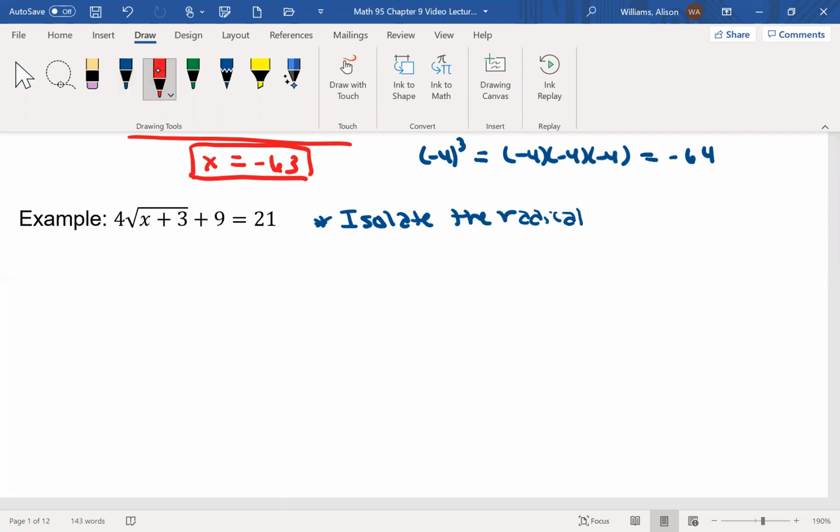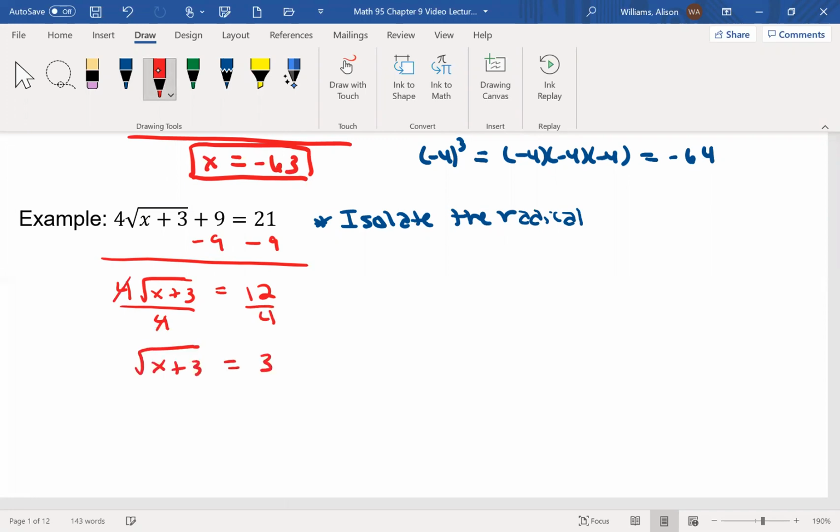So I'm going to minus 9 from both sides. So 21 minus 9 is 12. And then I'm going to get rid of that 4 in front of the radical. So I'm going to divide by 4 on both sides. So that cancels, and I'm left with the square root of x plus 3 equals 3.